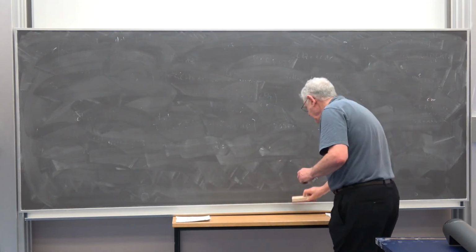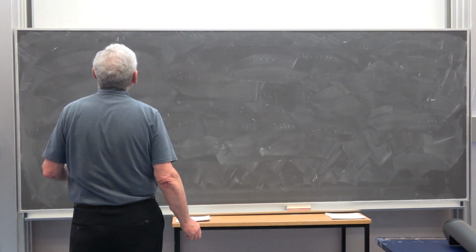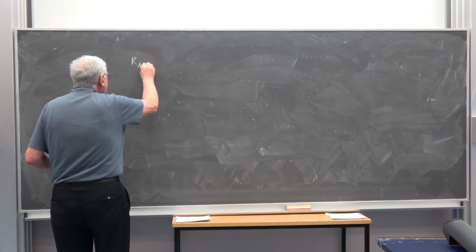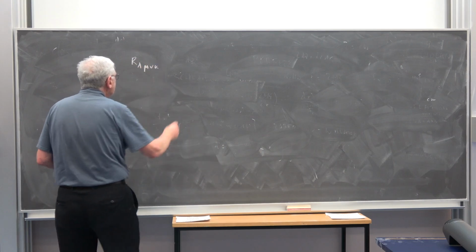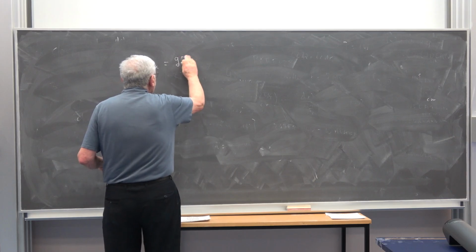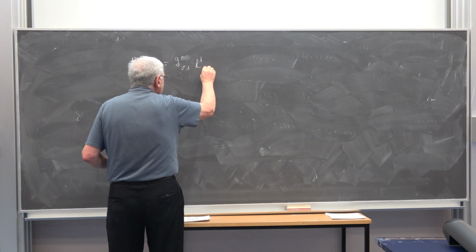It's a bit awkward to have the indices R upper sigma, lower lambda mu nu kappa. So I'll bring everybody down by writing that as g sigma lambda R lambda mu nu kappa.